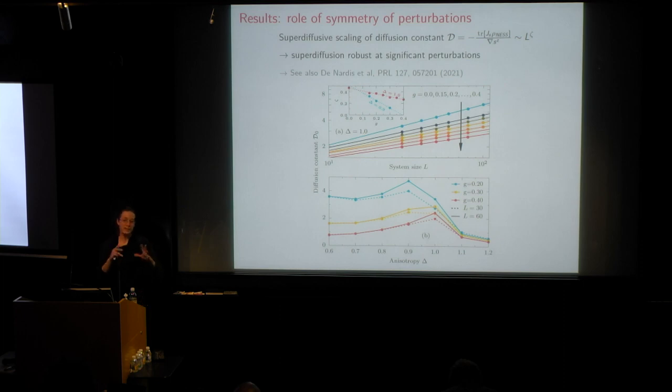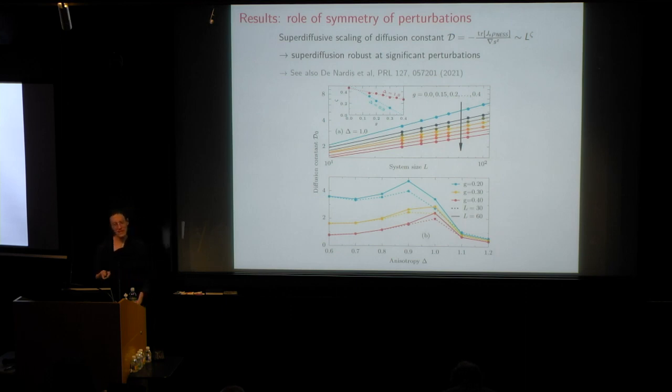And this must be related to these giant magnons not being scattered on this type of perturbation. Yes. So I'm coming back to my previous question. In that case, it looks like the superdiffusion exponent depends on some coupling constant, right?